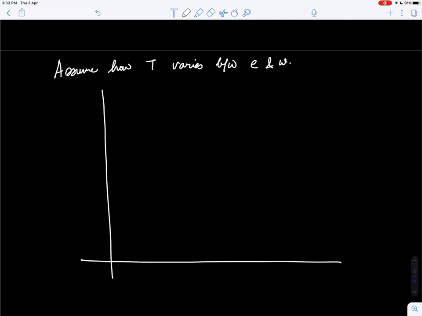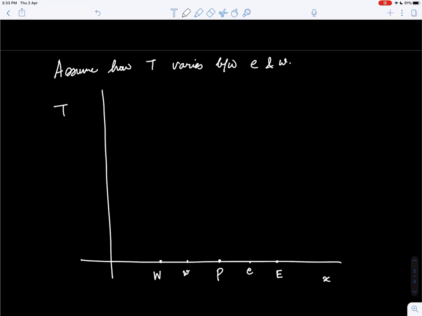Let's say we plot temperature here and coordinate x here. Let's say this is point P, and just for visual clarity, I'll exaggerate. Point W is here, point E is here, and this is small w, small e.